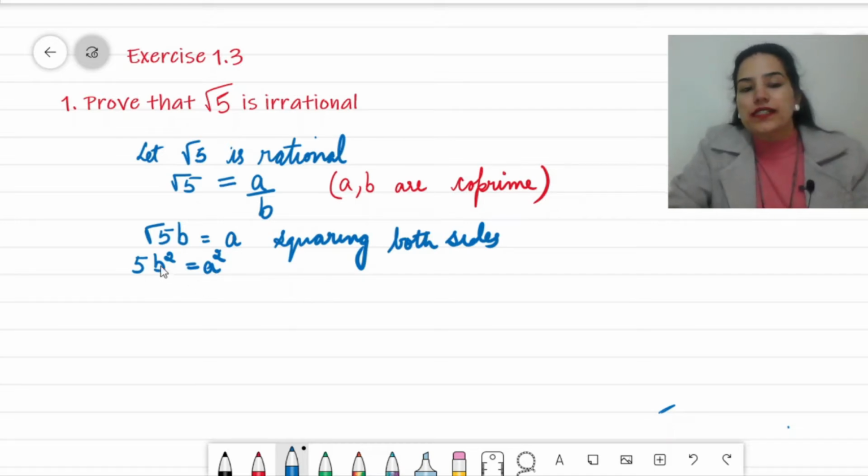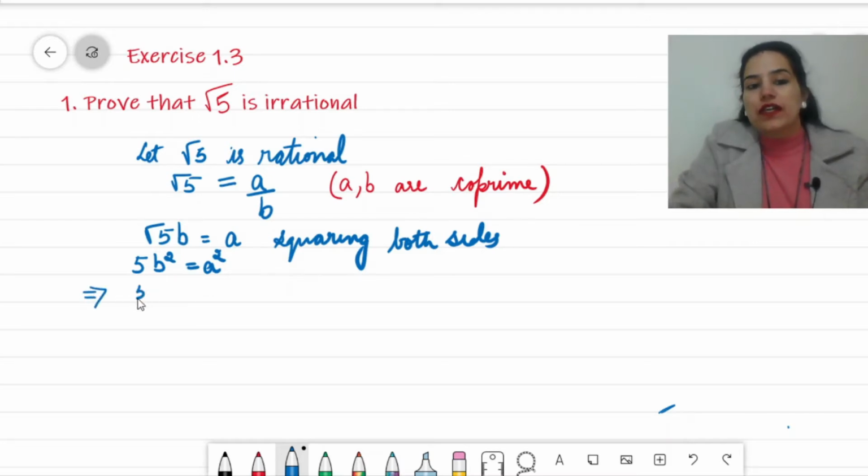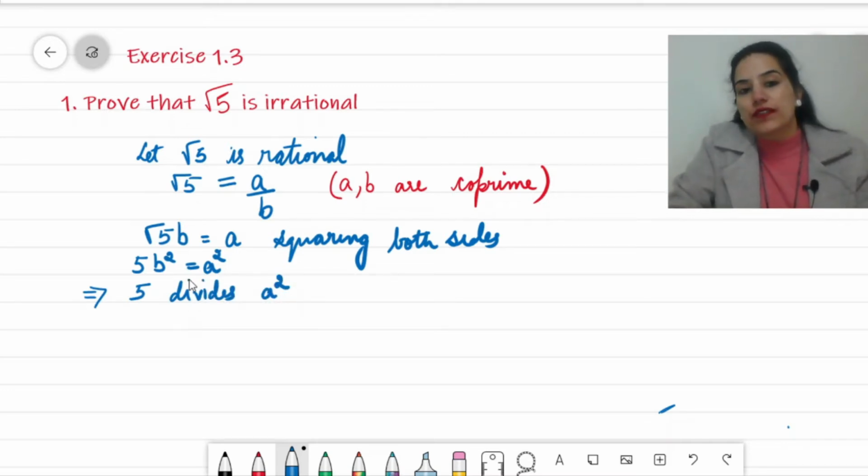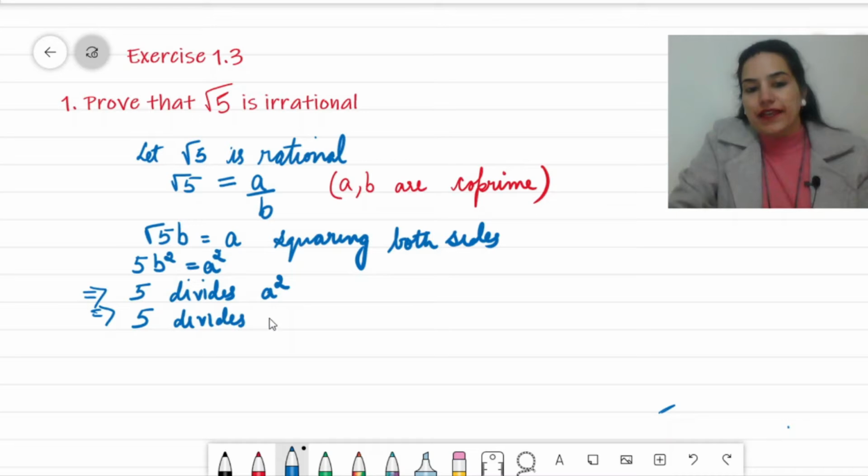Now it is clearly seen here that 5 multiplied by something gives you a square. This means 5 divides a square, because 5 multiplied by b square is giving you a square, which further implies 5 divides a. If 5 divides a, this means 5 multiplied by some other number, let's suppose c, is equal to a.